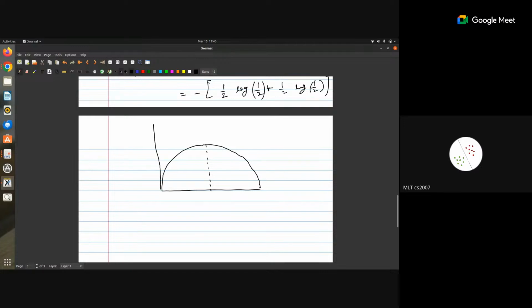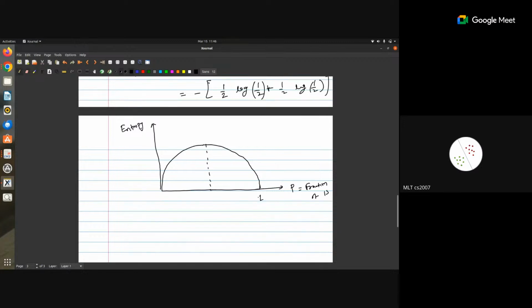On the y-axis, it's your entropy, right? And on the x-axis, it will be p, the fraction of ones.